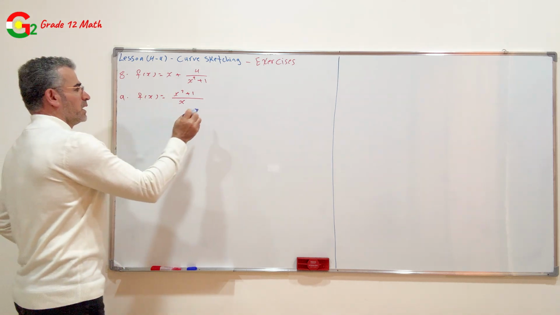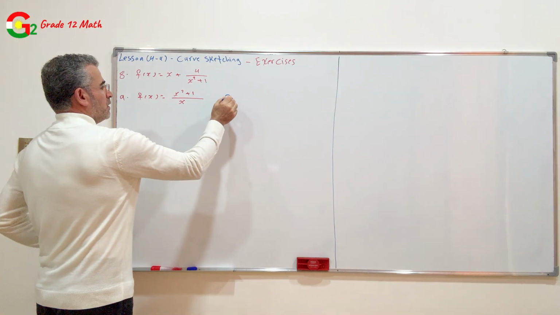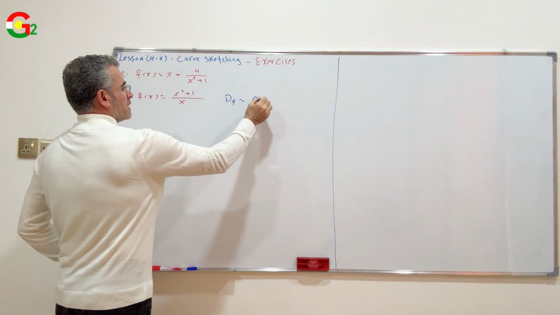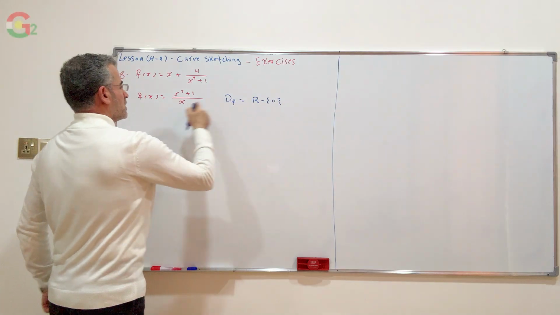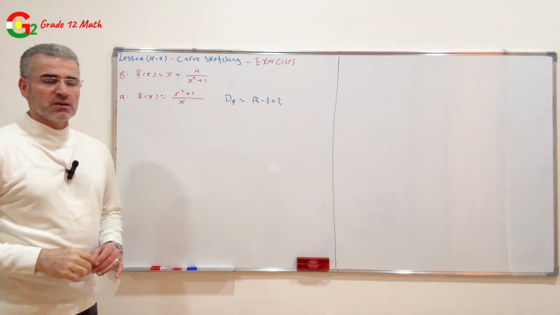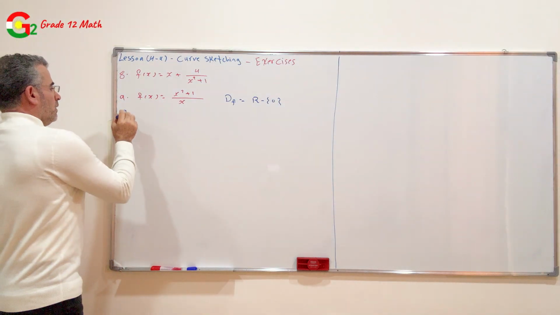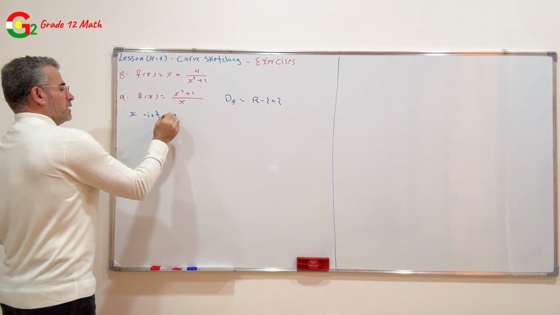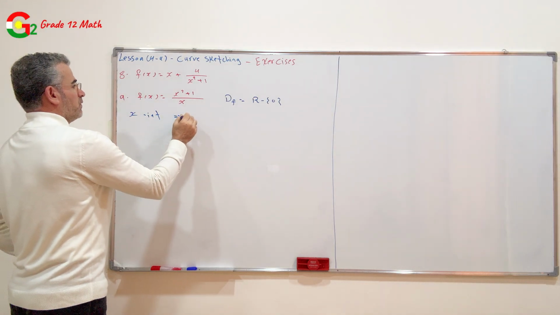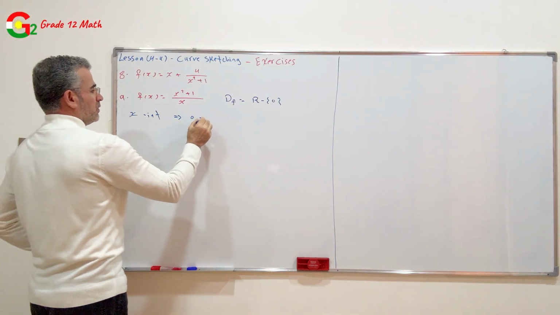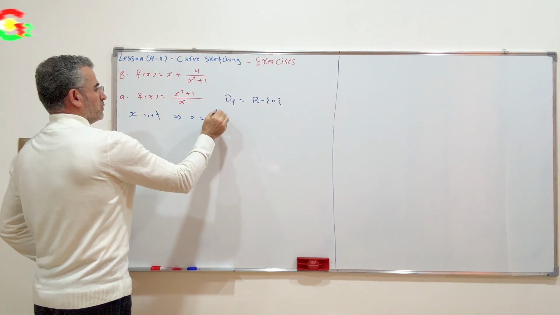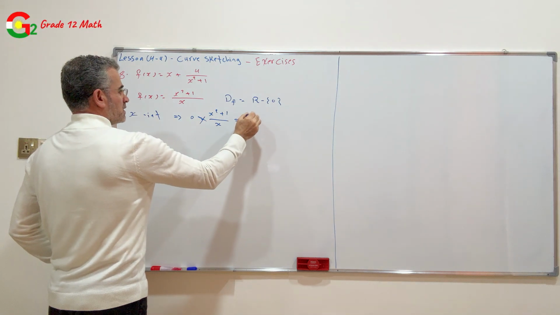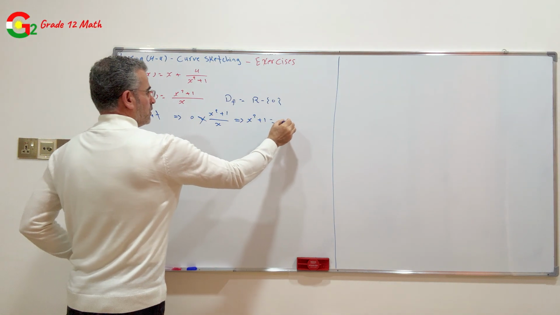1 over x. The domain of this function is all real numbers except 0, since 0 makes the denominator 0. For the x-intercept, we set y equals 0 and find the value of x. 0 equals x power 2 plus 1 over x, cross multiplication. Then x power 2 plus 1 equals 0.